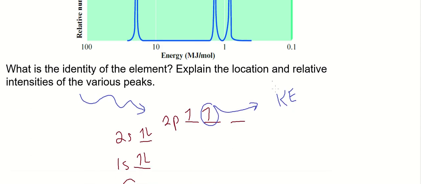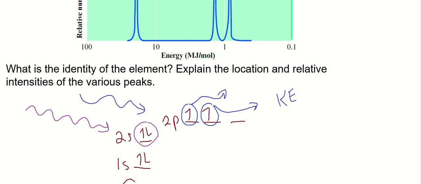So you have a whole sample of carbon. The ones that are going to eject first are the ones that require the least amount of energy, which are these electrons in the 2p orbitals. And then it's going to require a little more energy than that to eject these electrons in the 2s orbitals.